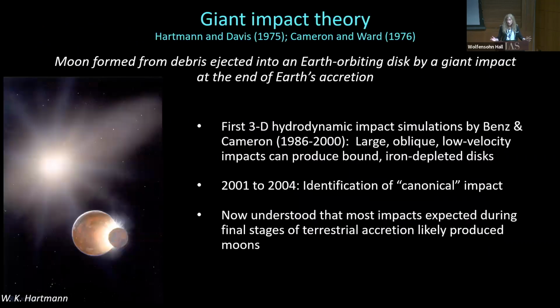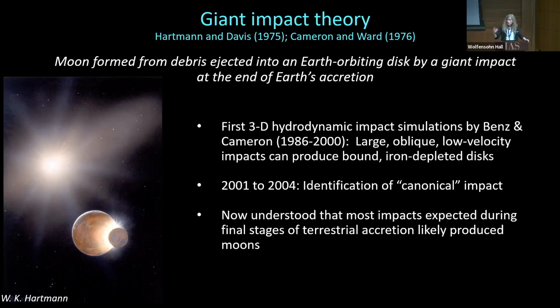The giant impact theory was proposed after the Apollo missions. The first three-dimensional hydrodynamic simulations of these giant impacts were performed by Willy Benz, Al Cameron, and colleagues. And these showed that you can actually have, during one of these collisions, substantial material that ends up in a disk around the target that does not either re-impact or escape.